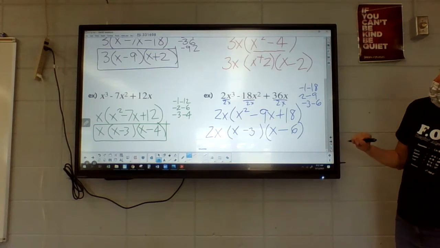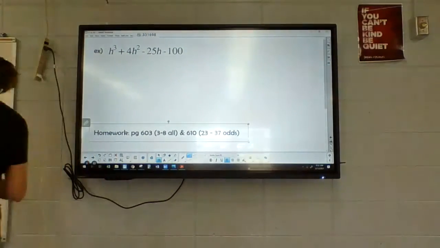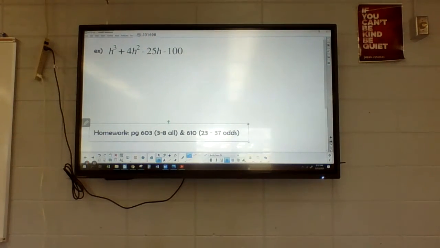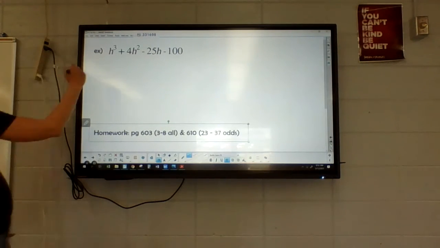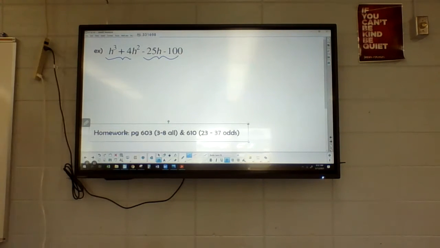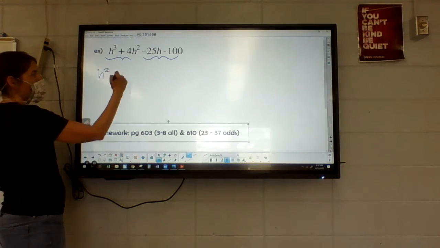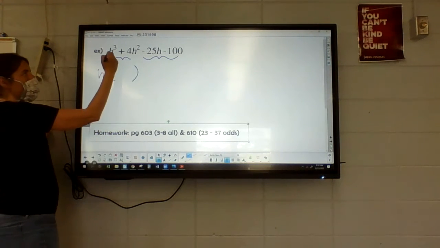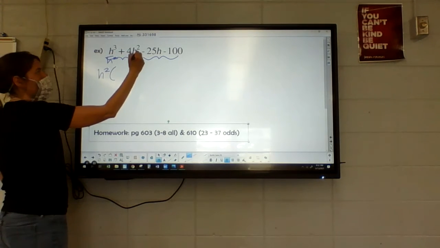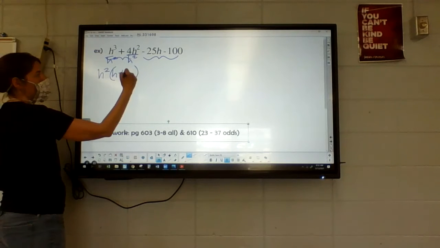And then our last question, I believe. Our last question has 4 terms. What dawns on you guys with 4 terms? What should we be doing for 4 terms? The grouping. Yep. When you see 4 terms, we're going to do grouping. Out of those first 2 terms, I can take out an h squared, left with h plus 4.